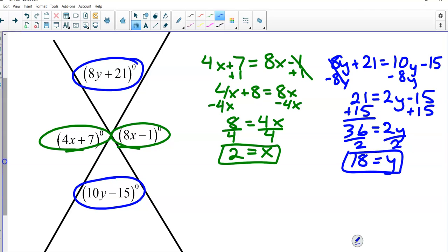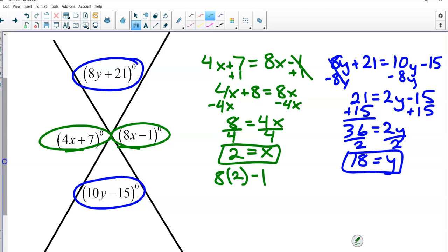So I know what x and y are. I can plug those back in and get the degree of each of those angles as well. If I need to know the measure of angle 8x minus 1, I can plug in 2. So I'd have 8 times 2 minus 1, which would be 15.